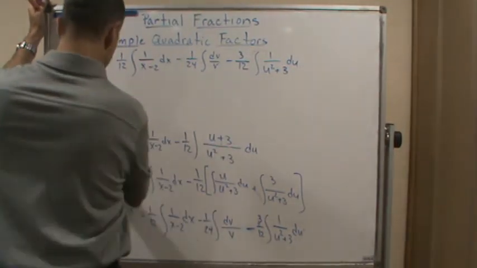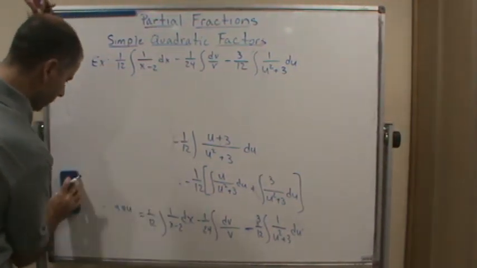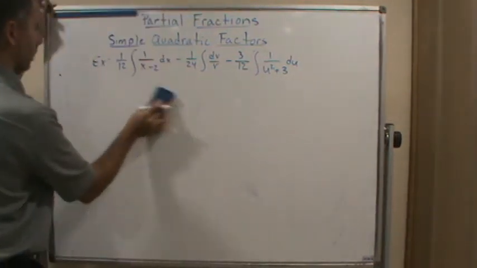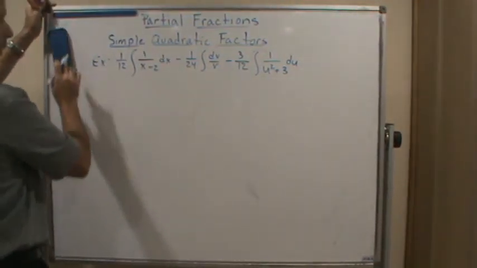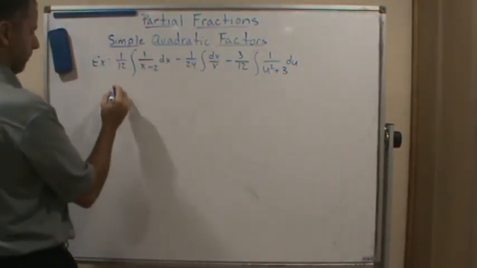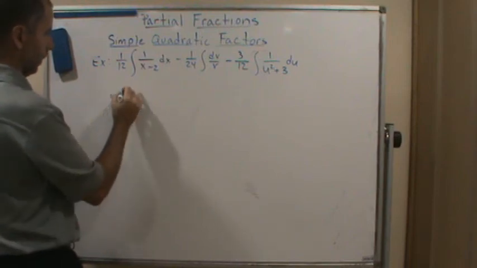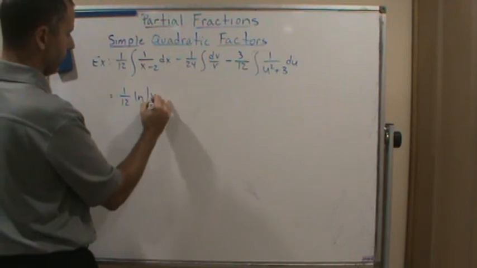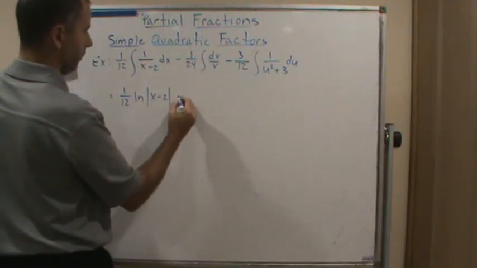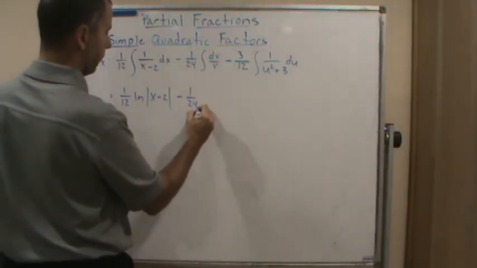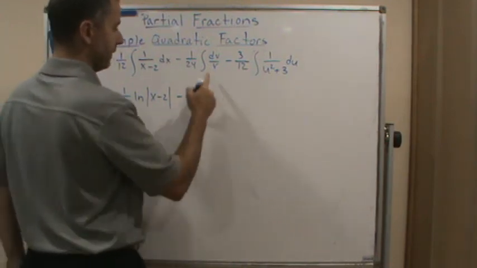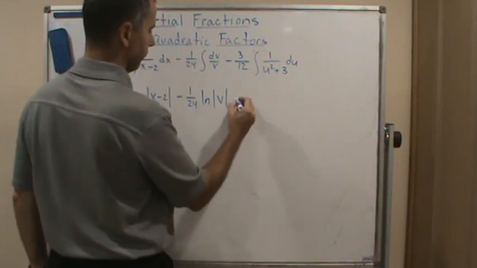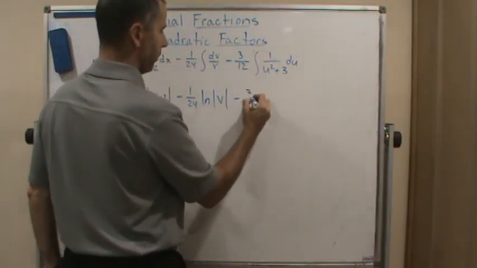Okay, so now let's integrate this thing. This is going to be 1/12 natural log of the absolute value of x minus 2 minus 1/24. Now, this is going to be the natural log of the absolute value of v minus 3/12.